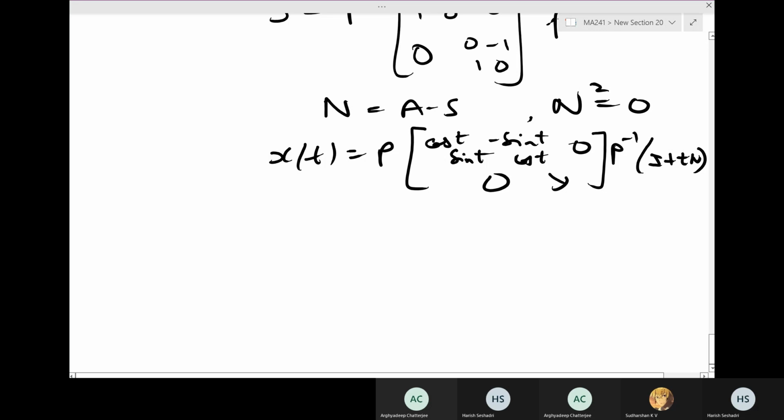That something is either diagonal or of this 2 by 2 block case. So once you know S, you figure out N, and then you just see what power of N becomes 0. Finally, you put it together as a solution.